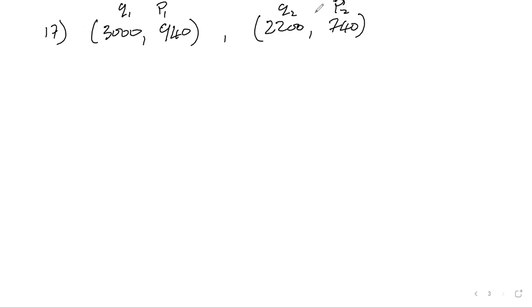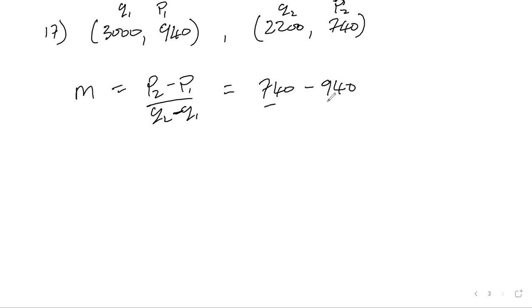First things first, I find my slope, which is given by P2 minus P1 over Q2 minus Q1, which is 740 minus 940 over 2,200 minus 3,000, which is negative 200 over negative 800.